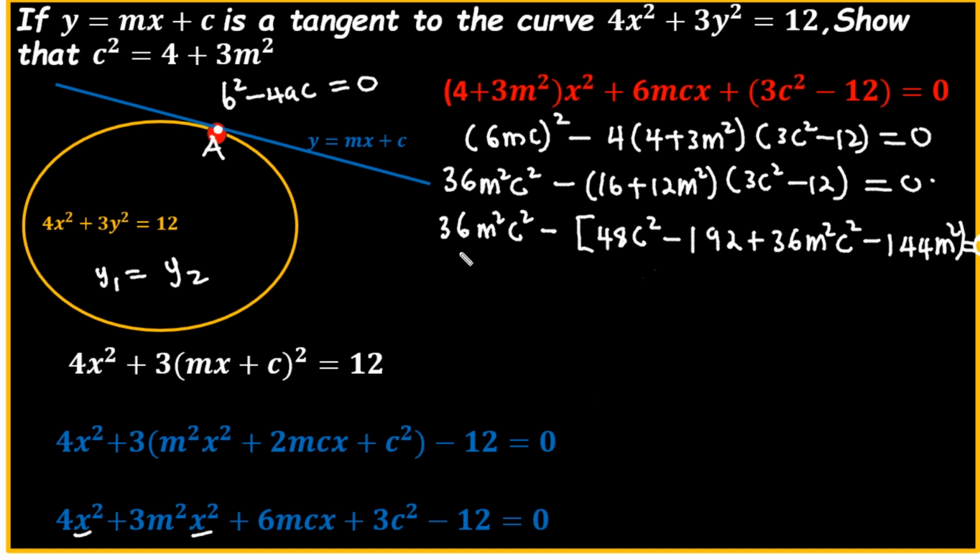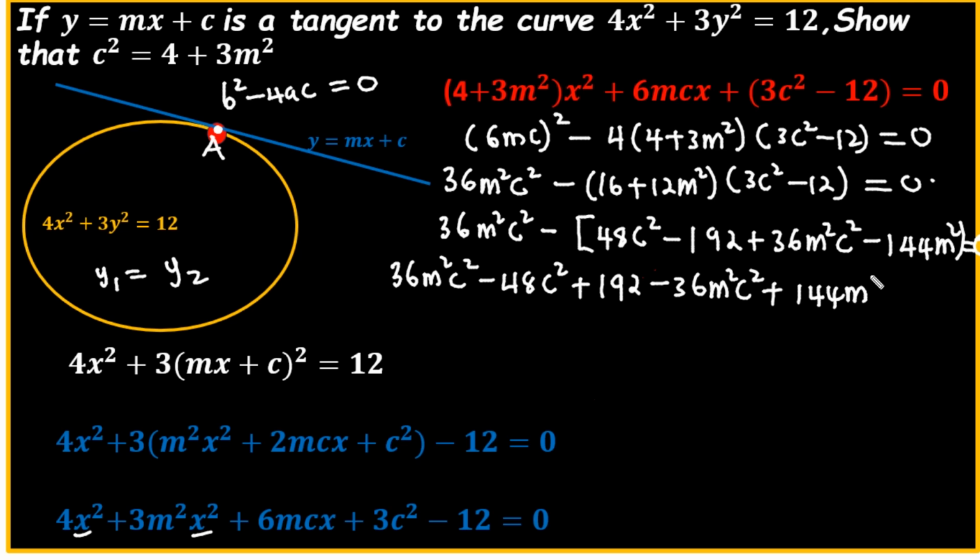Okay, so I open up this bracket. So I'm going to have 36m squared c squared minus 48c squared. This negative will cancel with this, so to have plus 192, then minus 36m squared c squared. The negative times a negative, that is a positive 144m squared.